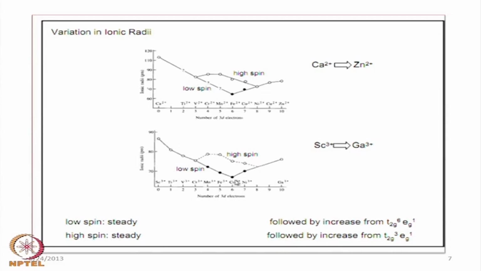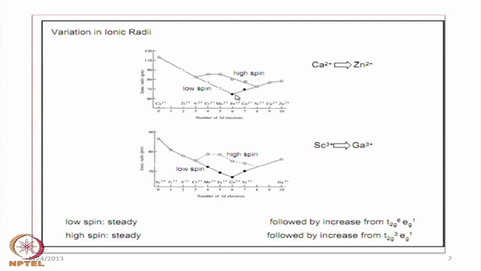Similarly, for the trivalent state we can go down to cobalt 3 plus, which is 3D6, and as a result in the low spin electronic configuration this is the 3D6 or T2G6 electronic configuration. So, in case of iron it is the bivalent case, and in the trivalent state it is cobalt 3 plus having full occupancy.